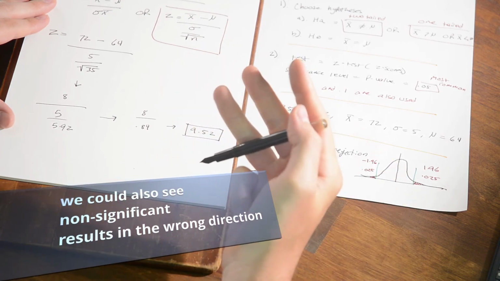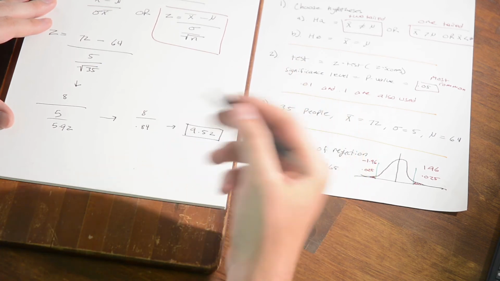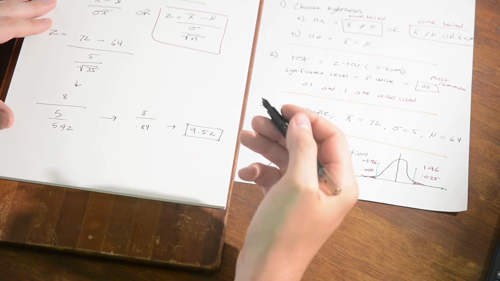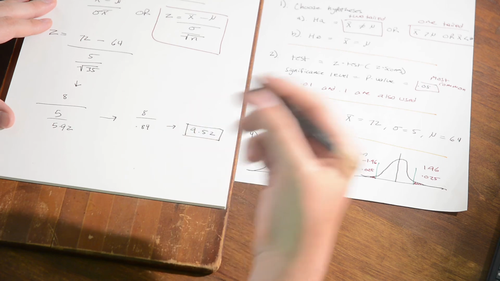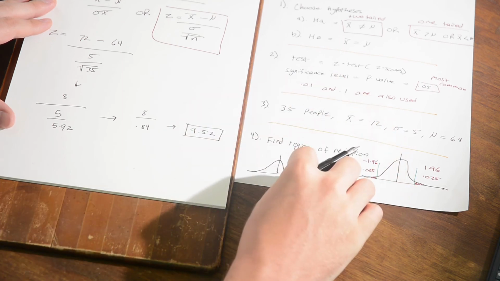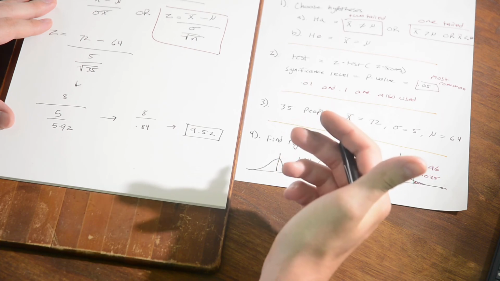When that happens, we have to start over. That means we have to go back to the beginning, change our hypothesis, change the test to the proper direction, collect a new sample, so we can't reuse our sample, and then if we find the same information again, then we can claim significance.